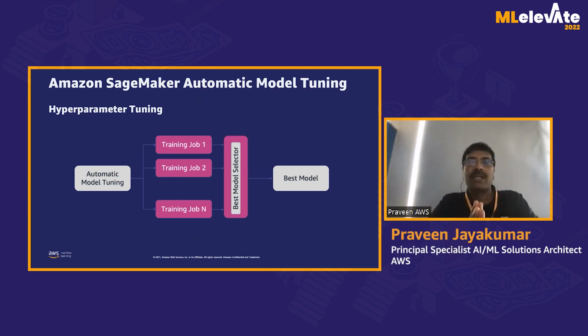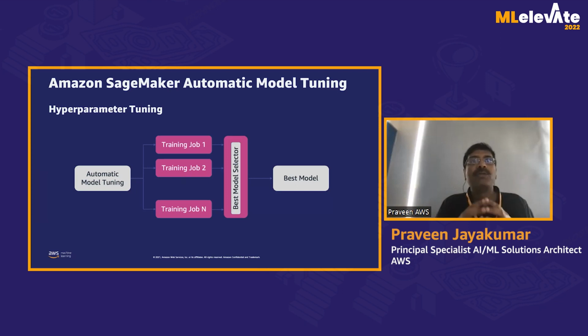The default mode SageMaker uses is a Bayesian optimizer. You specify which hyperparameters you want to tune. Currently, you can have a combination of 12 different hyperparameters at a time. Then you tell it on what basis you want to tune, whether you want to reduce the loss or increase the accuracy, and you specify the number of training jobs to run.